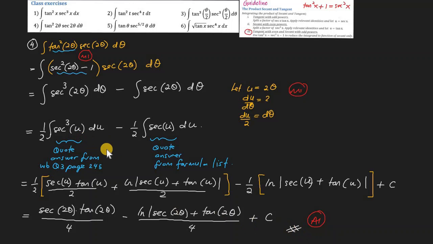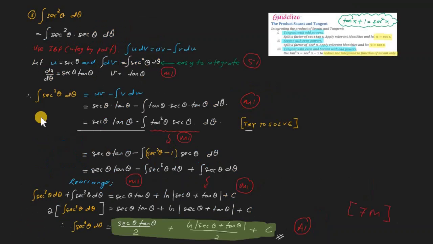So how many marks for this portion using IBP and the long working? Let's check how many marks we got last time. So this was our question that we did on page 243. Okay, and here for the working, we have 6 marks.